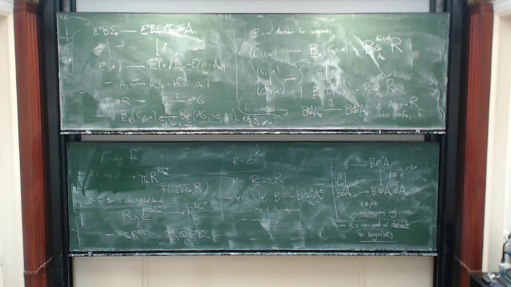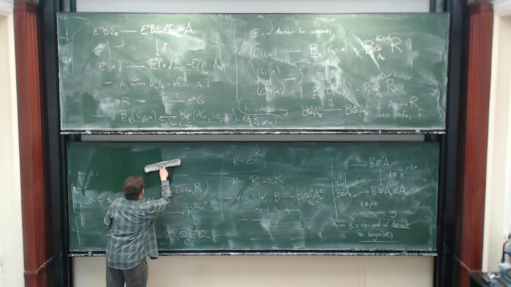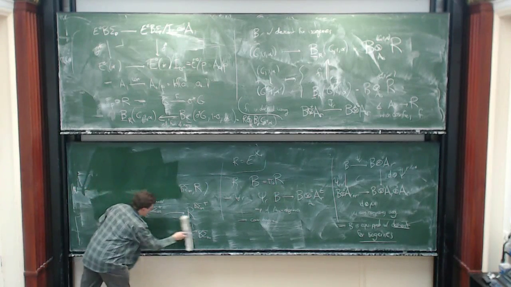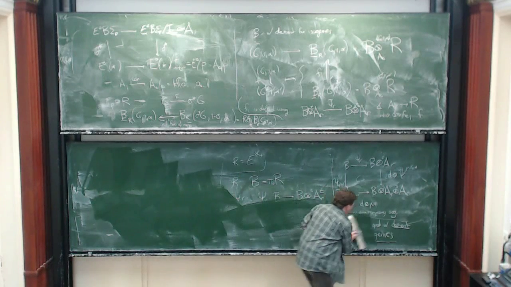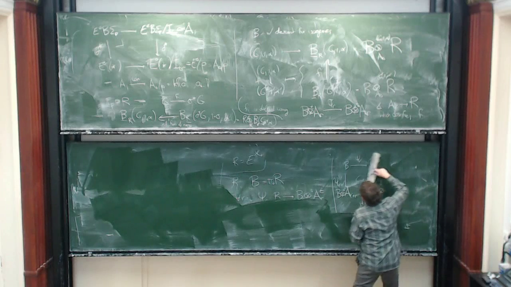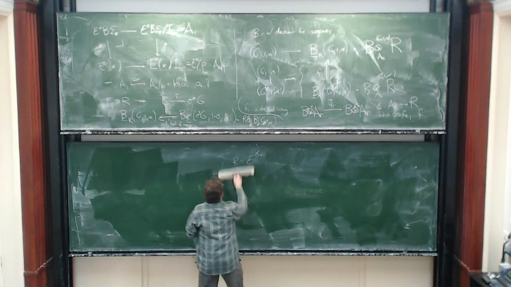So the first example is a height 1 formal group. And an example of this, of course, is given by the multiplicative group. If you remember the structure of A0, it's a power series ring on h minus 1 variables.